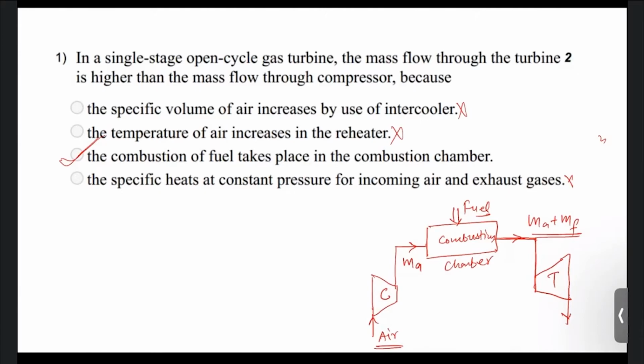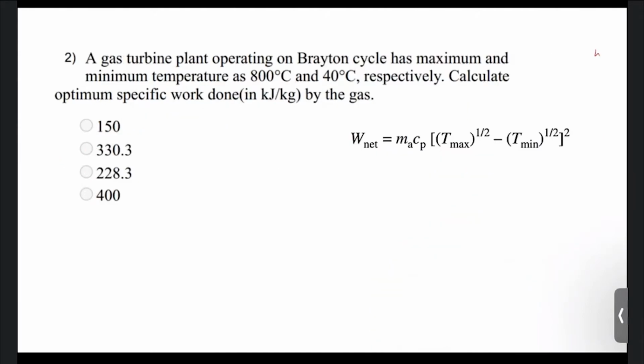Now let's move to the next problem. So here is the next problem. A gas turbine plant operating on Brayton cycle has maximum and minimum temperatures of 800 degrees centigrade and 40 degrees centigrade respectively. Calculate optimum specific work done by the gas.